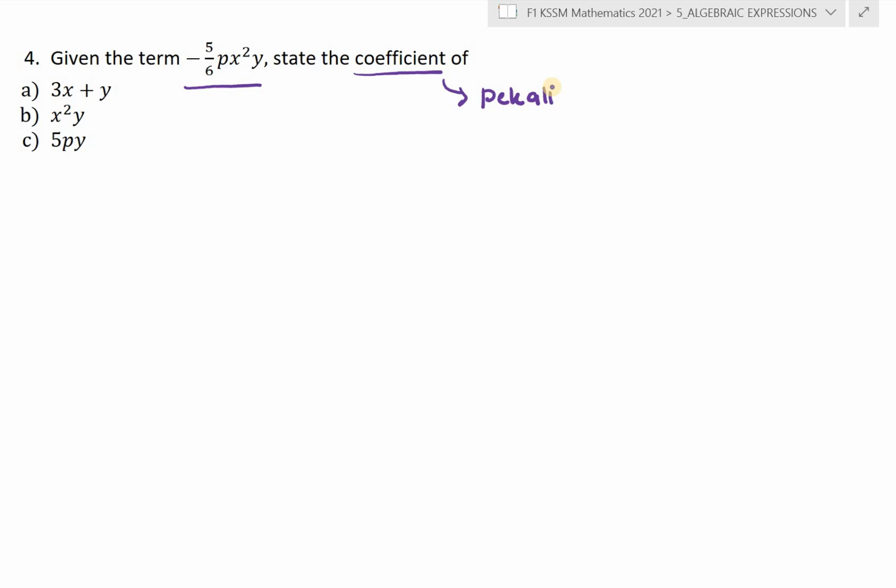Sebelum itu, saya nak tunjukkan yang negative 5 over 6 p x square y ini, dia sebenarnya adalah hasil darab negative 5/6. Okay, dia darab dengan P. Darab dengan P. Darab dengan X. Okay, saya guna simbol ni lah lebih senang.